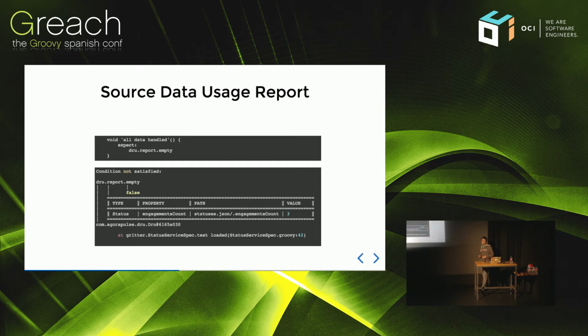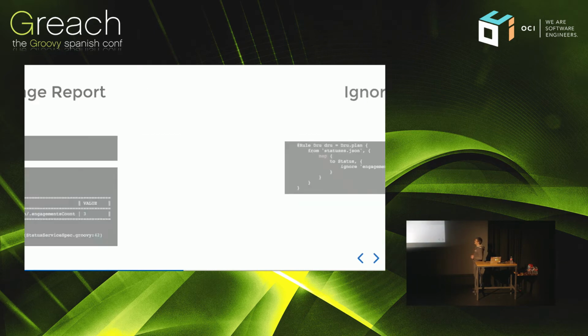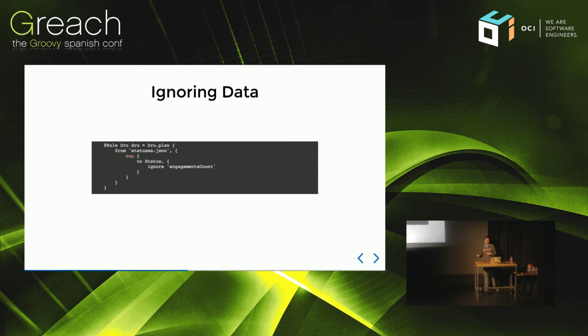And for this situation, it will show you that, for example, engagement count wasn't mapped. So you know, okay, is this something I'm losing now, or is it something which is already present in the data I've loaded? Okay, so this time it's something which is already present in the data. It's just a derived property. So okay, just say ignore it.